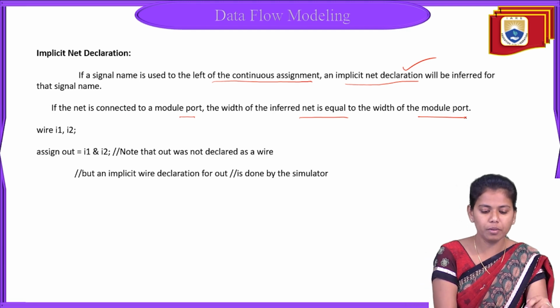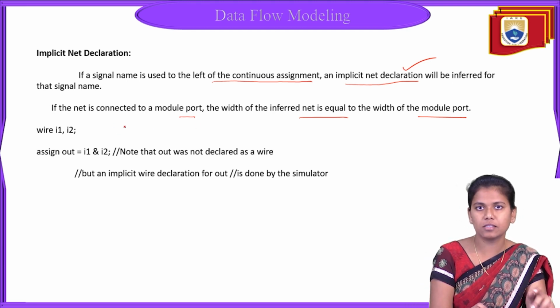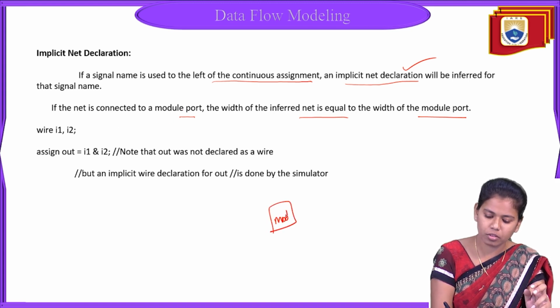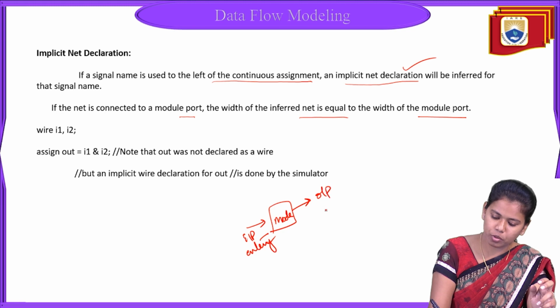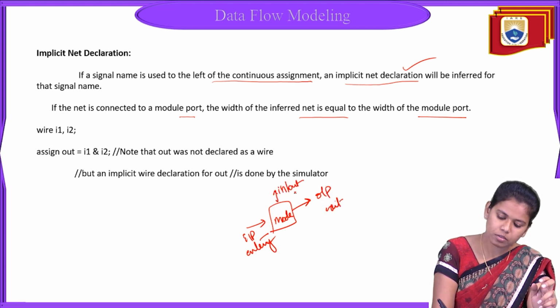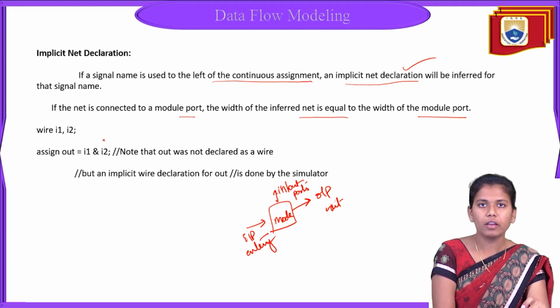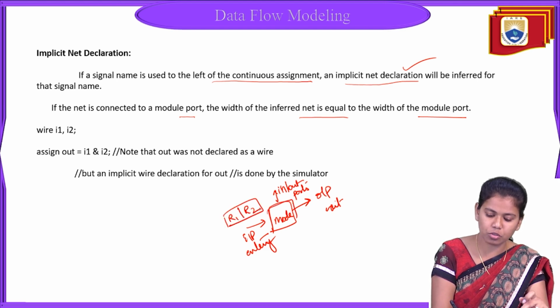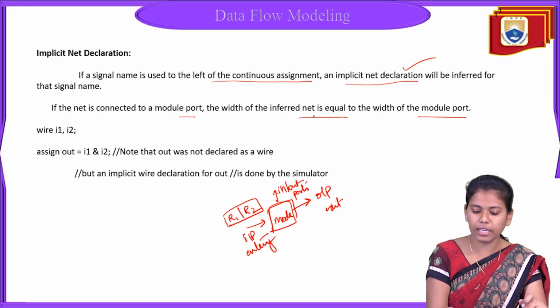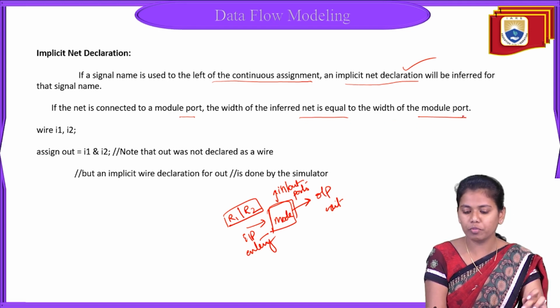Here, for example, this sentence is talking about a net connected to a module port. This is a module. We have input ports, entry bits, and this is the output port, exit bits, and it has in-out ports. If the net is connected to the module port, this module port has some nets, some registers R1 and R2. The width of that inferred net is equal to the width of the module port.